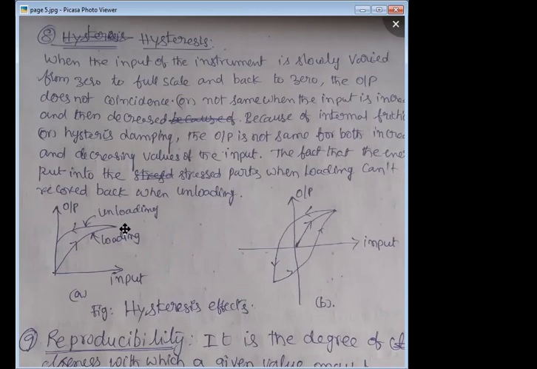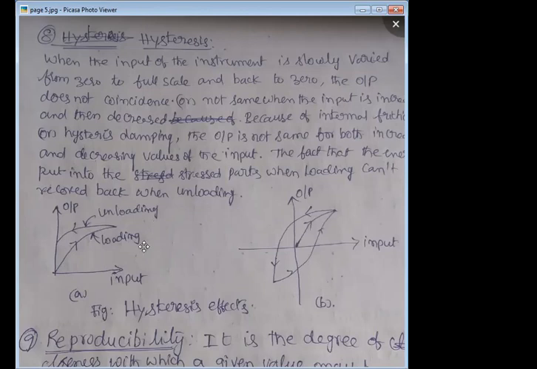When the input is increasing, and when the input is decreasing, the output does not follow the increased path. So it is having some deviation. This particular deviation we can call hysteresis. Hysteresis, because we have some springs in the measuring instrument, and when the input is increasing, that means when it is loading, the springs expand to the upper input.